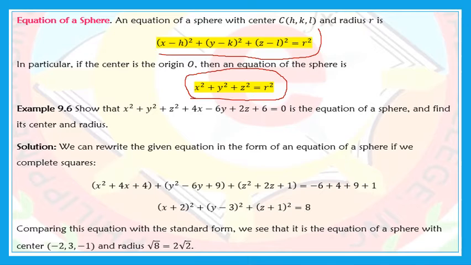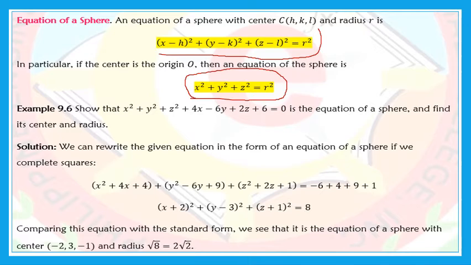Okay. For example, show that x squared plus y squared plus z squared plus 4x minus 6y plus 2z plus 6 equals 0 is the equation of a sphere and find its center and radius. So, parehas lang din ang pag-solve doon sa paghanap ng equation ng circle class.